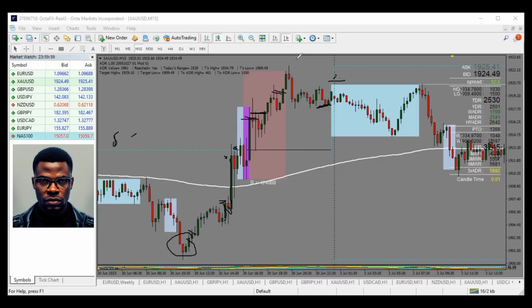No, I didn't enter here. Sorry, I closed the market exactly here, because of this pin bar, following the candle. Then I saw the candle that was forming right here, and I just closed my trade from $7 on gold to what?